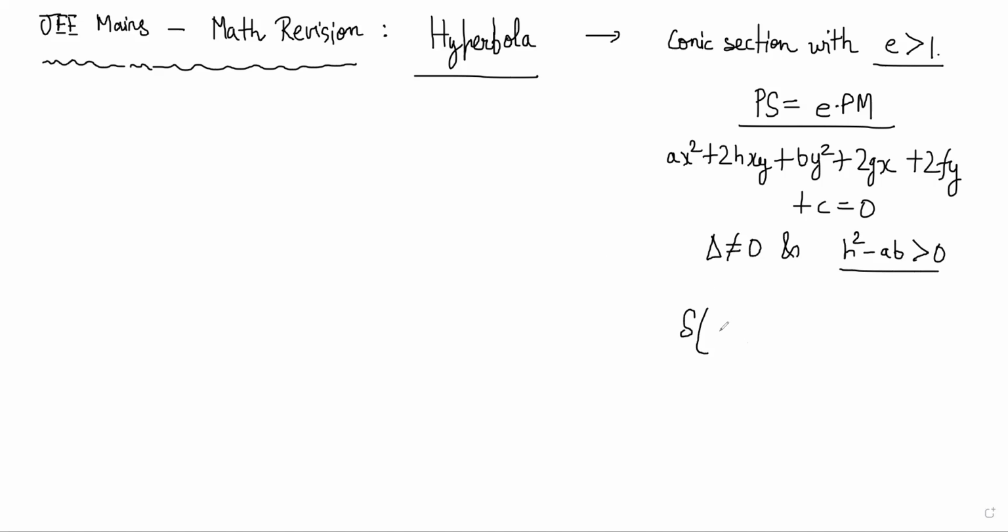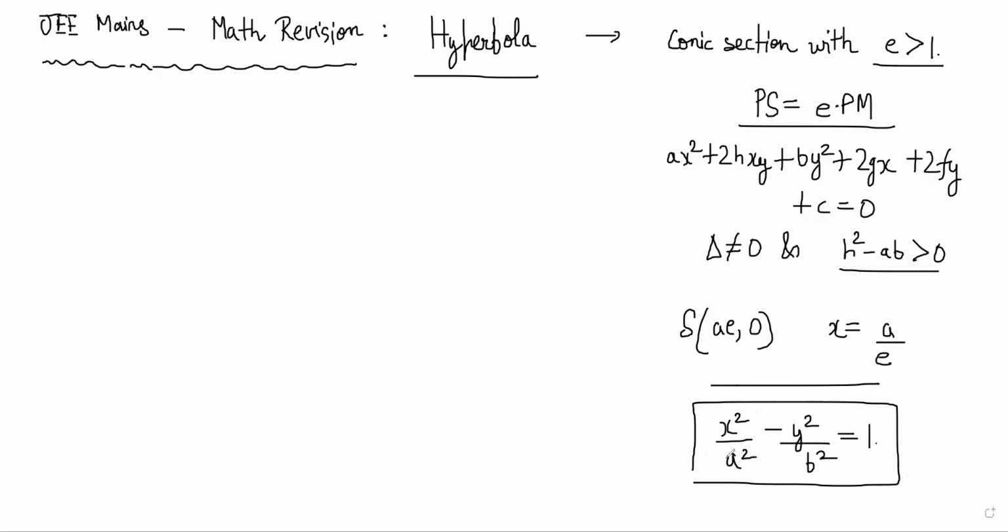If you choose your focus and directrix as these points, then the equation becomes x square by a square minus y square by b square is equal to 1.